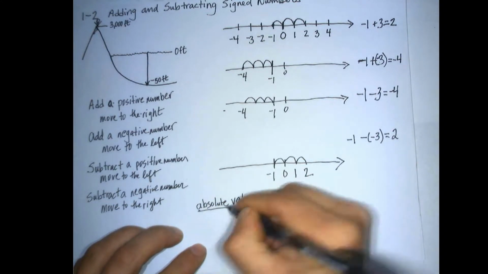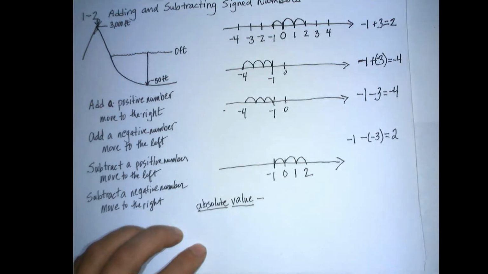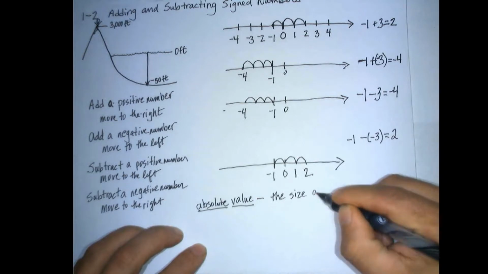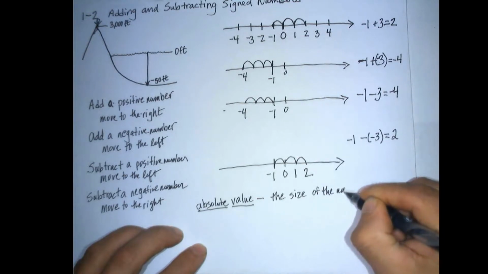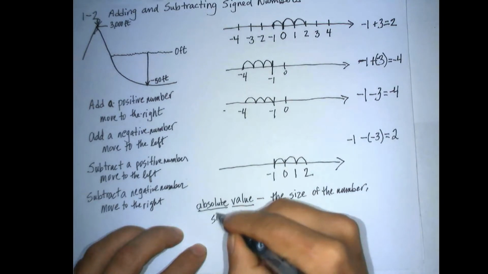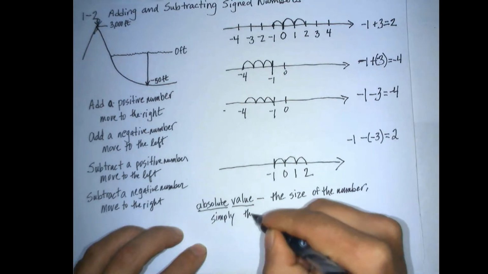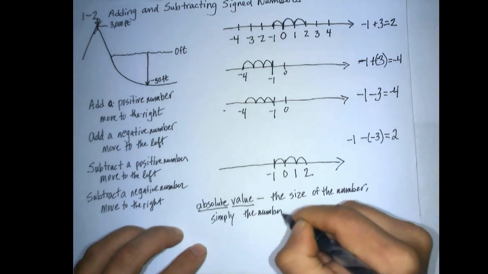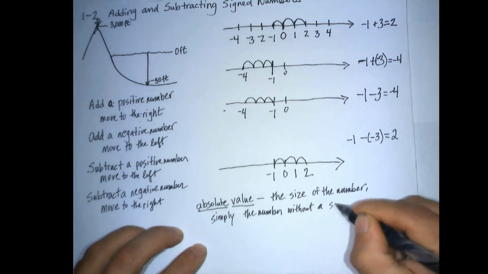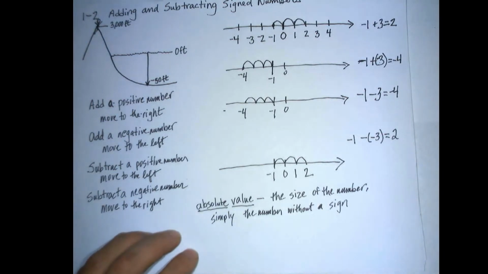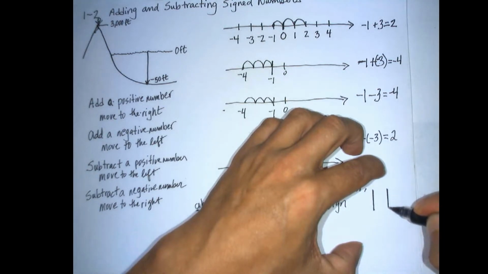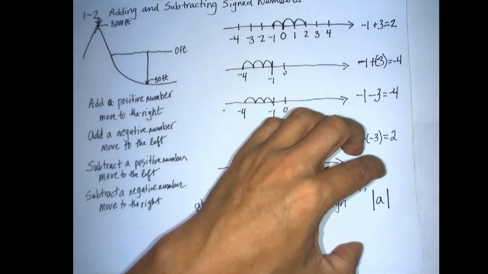However, the absolute value of a number is the size of the number, or simply the number without a sign. So the absolute value is represented by these two big bars. We call that the absolute value of A.